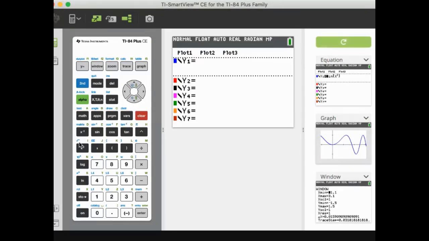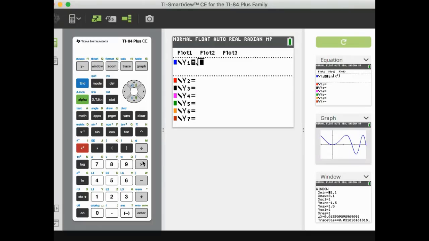TI-89, there's also a square root button, except it's the multiplication. It's right above the multiplication. So you have to do second multiplication, and that should give you square root. But if you have a TI-84, it's second x squared.